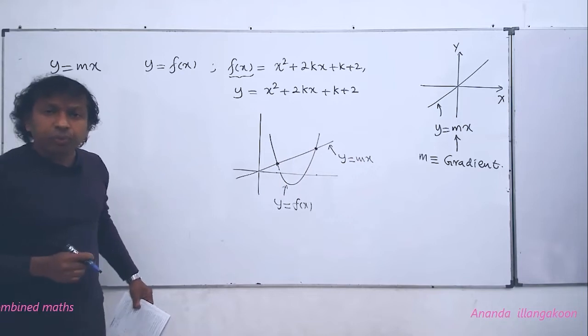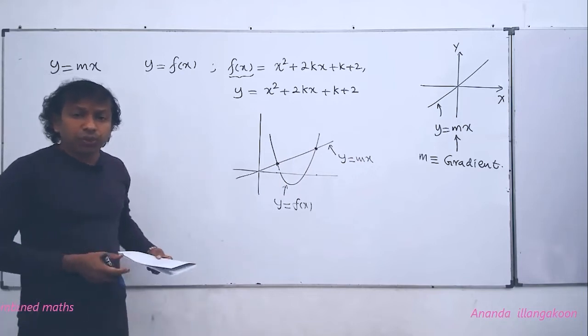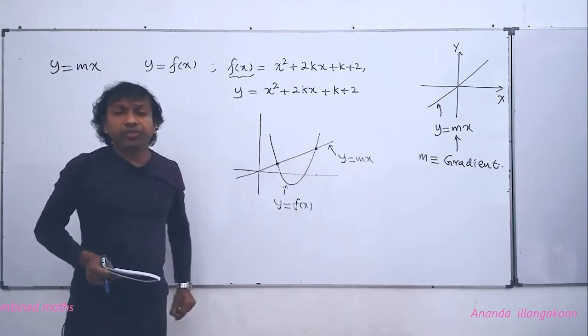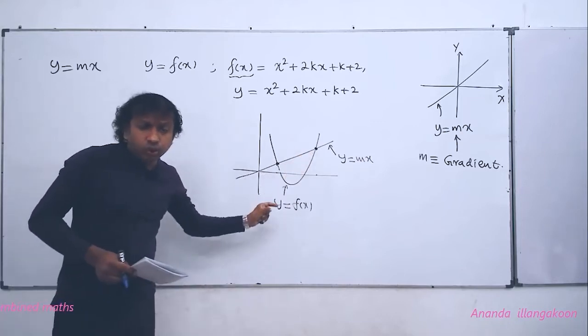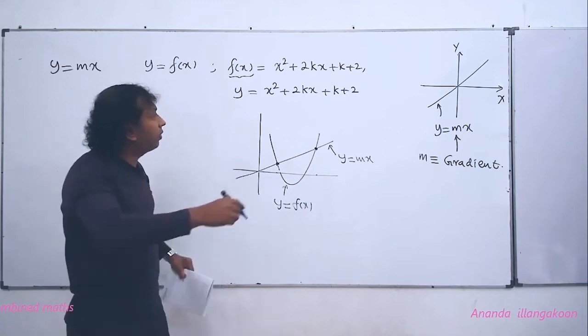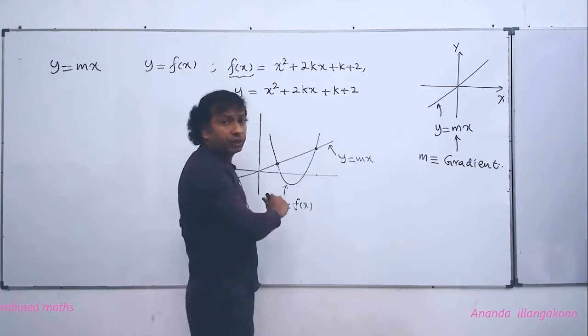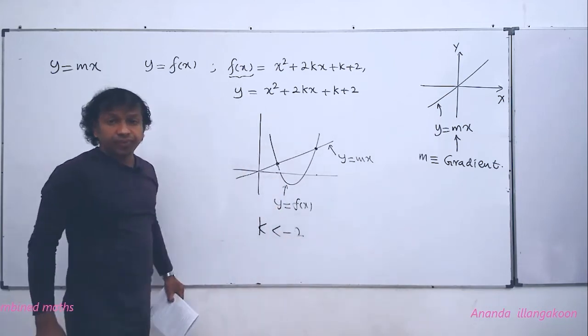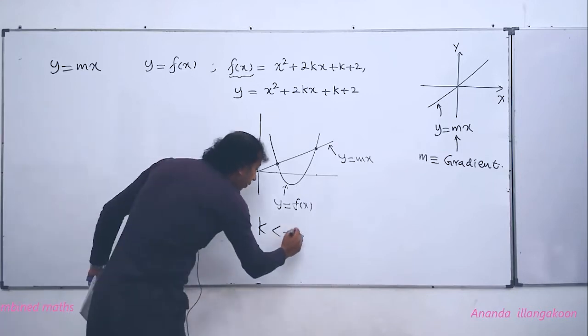Now what we need to prove is, people, in order to intersect this y equals f(x) minimum graph and y equals mx straight line in this way at 2 different points, that k available here should be less than -2. That's what we have to prove, k less than -2.